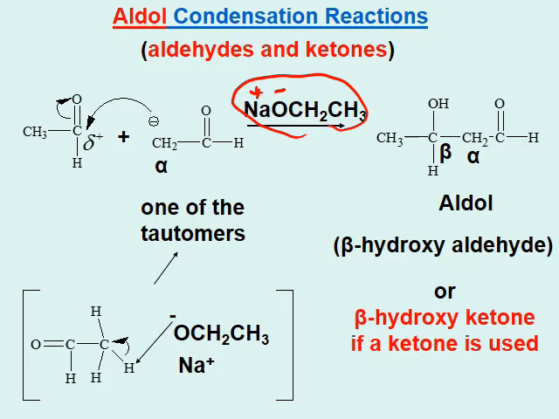So that's going to remove acidic hydrogen from one of these aldehydes in this example. So that's why you got CH2 minus here instead of CH3. So the original compound here, let me write down the original compound.